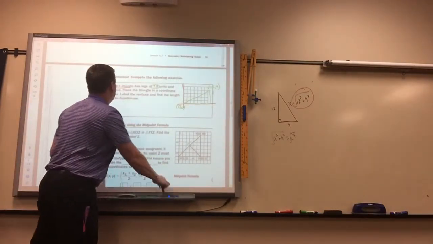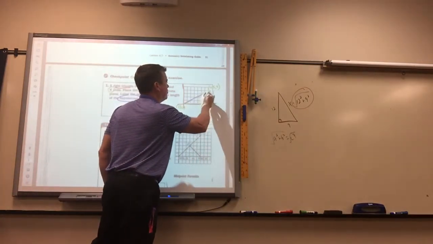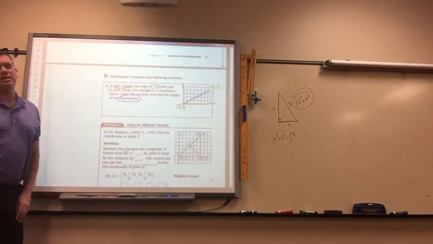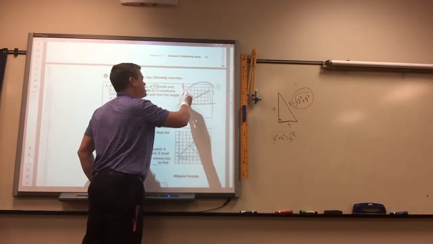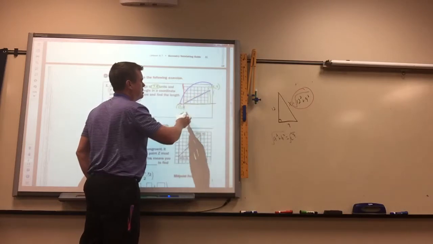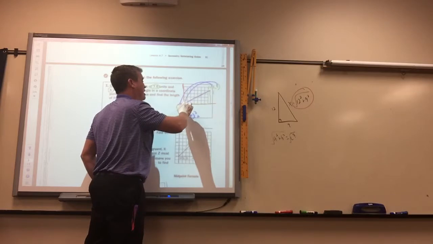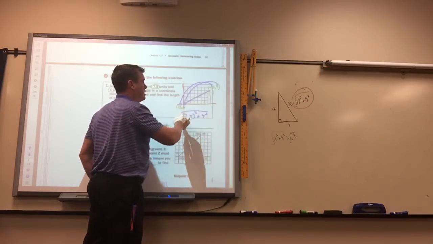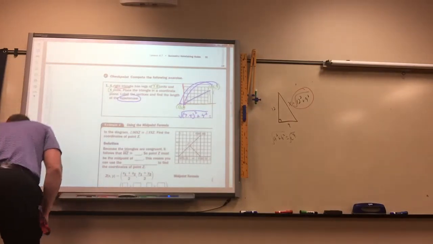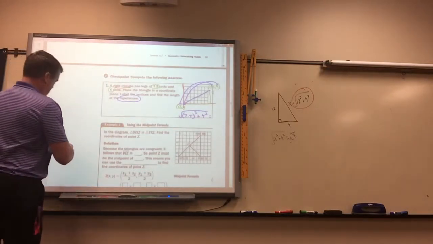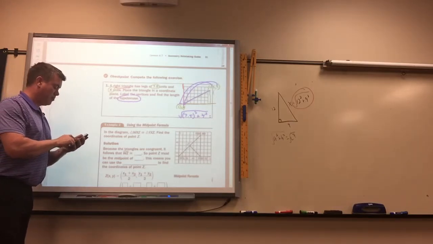So what they want you to do is find the length of the hypotenuse, right there, using the distance formula. So we would have to take 7.5 take away 0, which is 7.5, squared, plus 4 take away 0, 4 squared, square root it, and I think that one is 8.5. Yep.